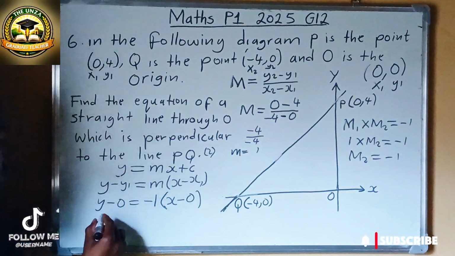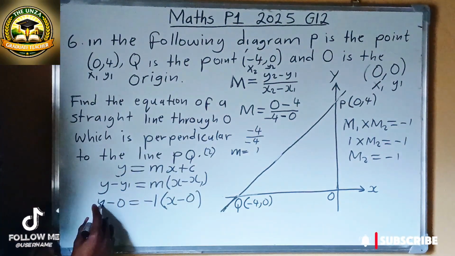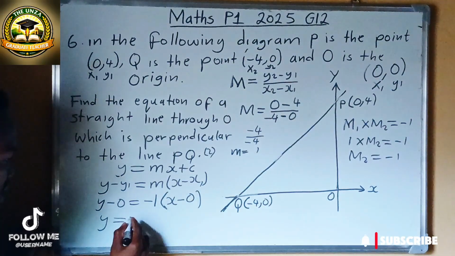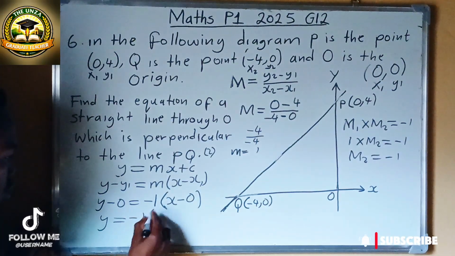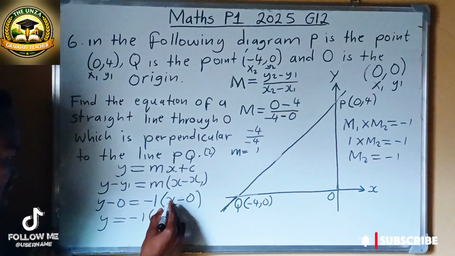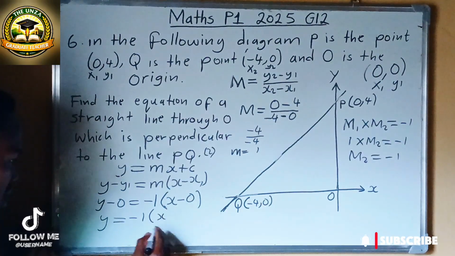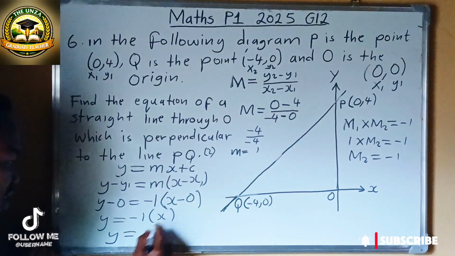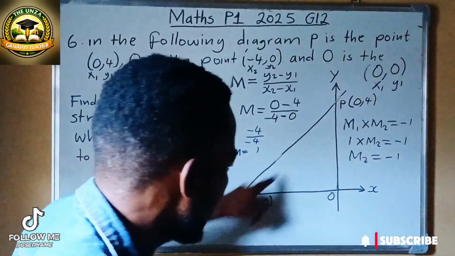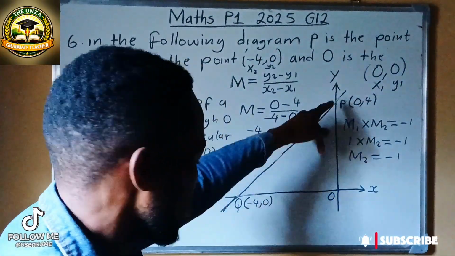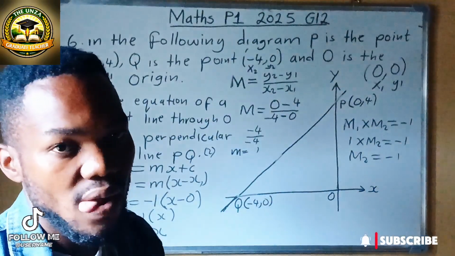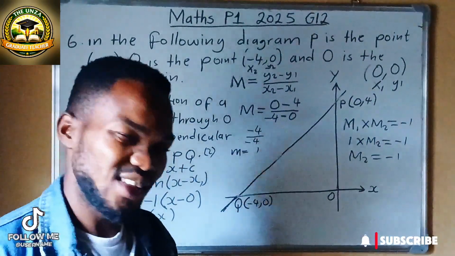Then y minus 0 is y, equals -1 in the bracket, x minus 0 is x. You say y equals -1 times x, which gives you -x. So the equation of the straight line they are talking about is y = -x.